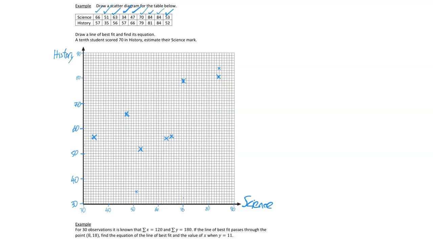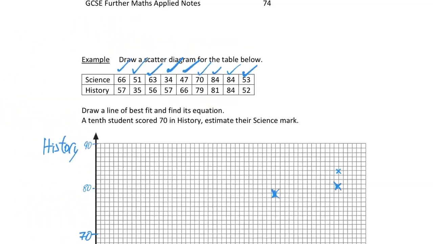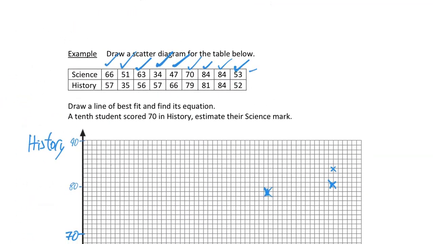Next thing I'm going to do is find my average point. To find the average point, what I need to find is the totals of all these things. So I'm just going to add up. I'm going to say total equals. When I added up the totals of all the science scores, I got 552. When I added up the total of the history scores, I got 567. There were 9 of them.